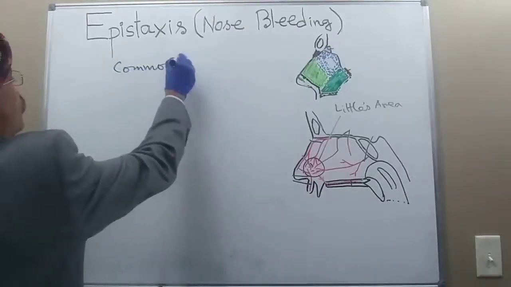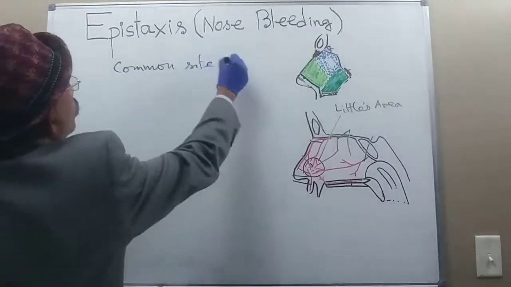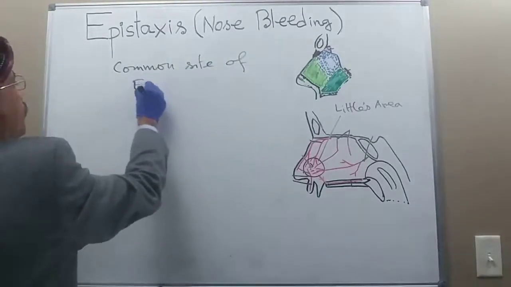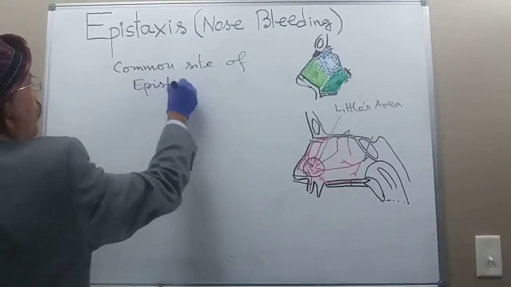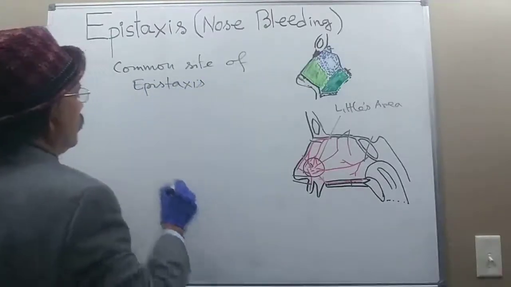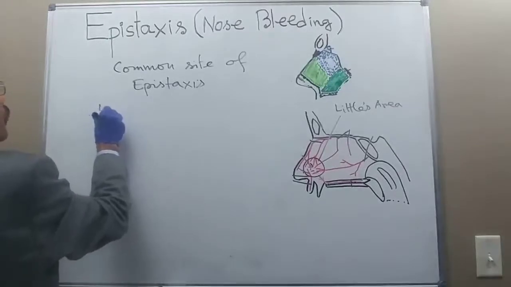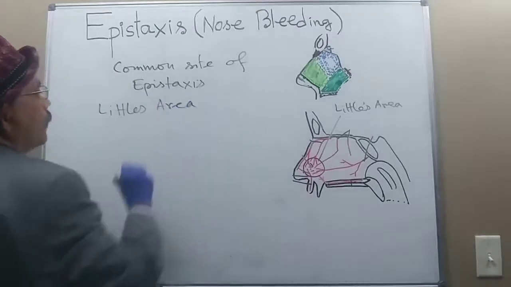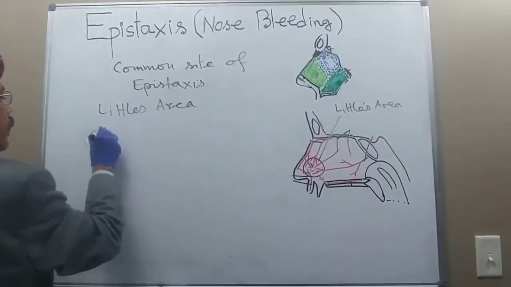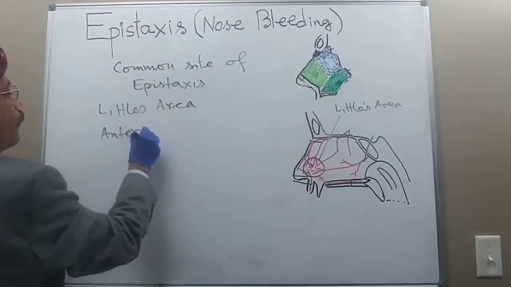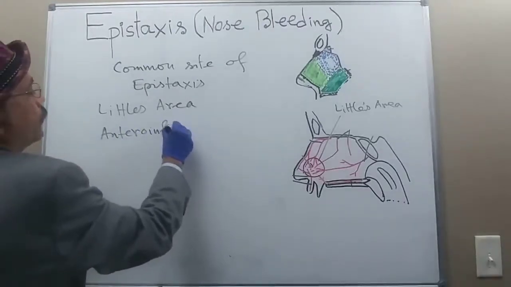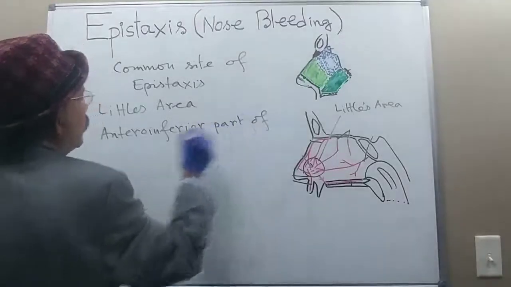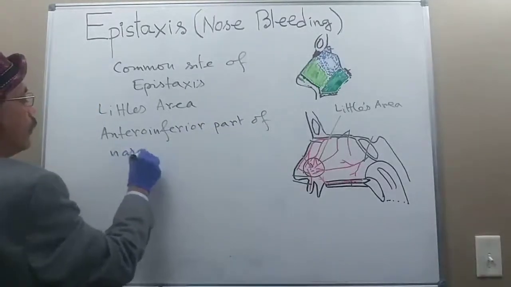The common site is Little's area, that is located on the anterior inferior part of the nasal septum.